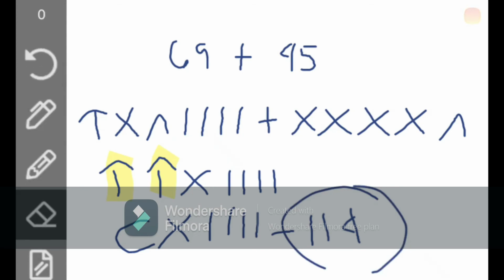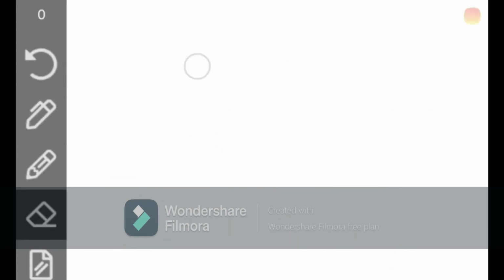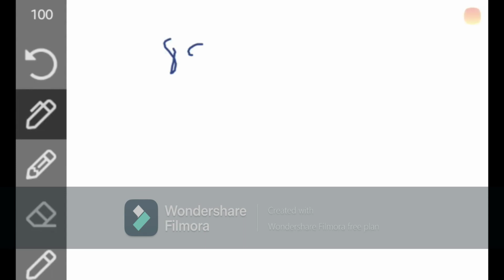Okay, so we'll move on to subtraction of Etruscan numbers. How about 89 minus 23? First, convert the numbers into Etruscan numbers.